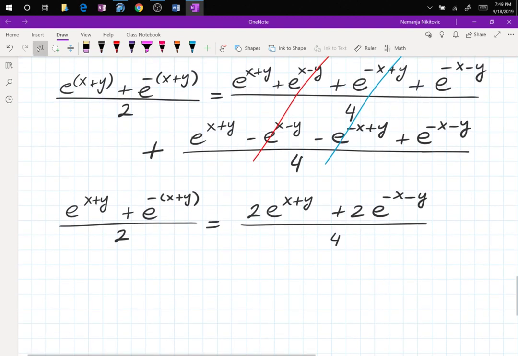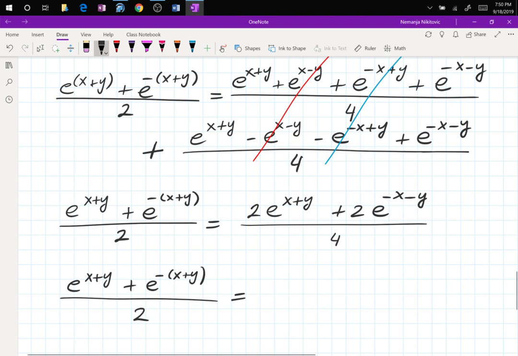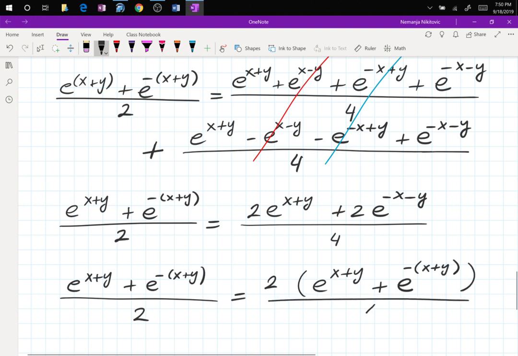Okay, well that was now simplified, right? So e to the x plus y plus e to the negative x plus y divided by 2. And now over here I can factor out 2 and have e to the x plus y plus e to the negative x plus y, I can factor the minus sign, divided by 4.